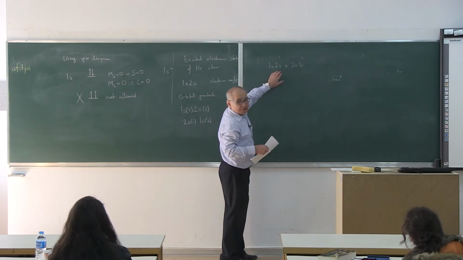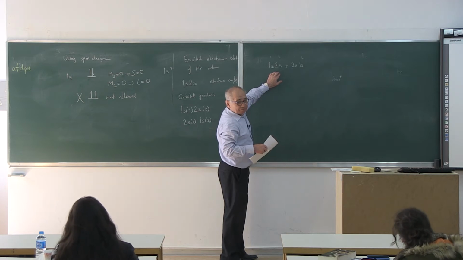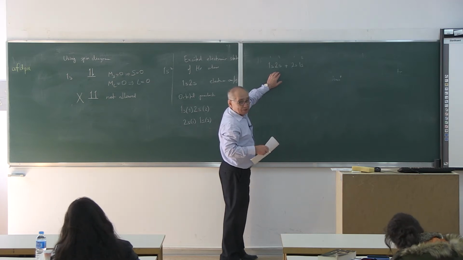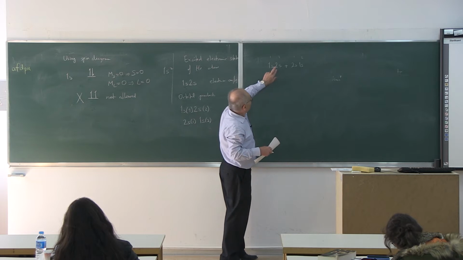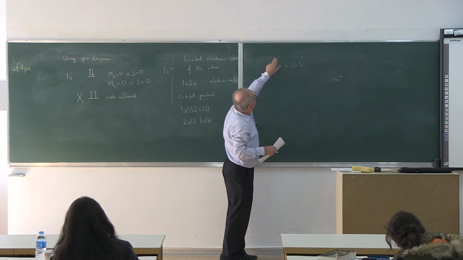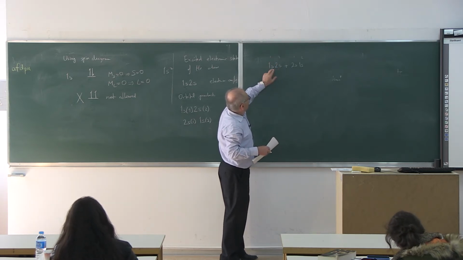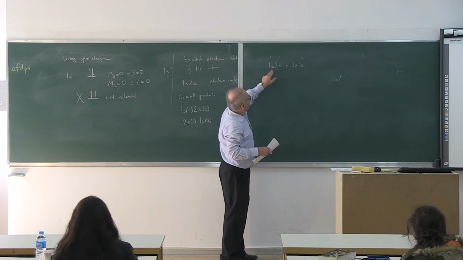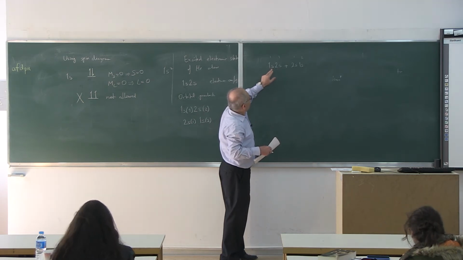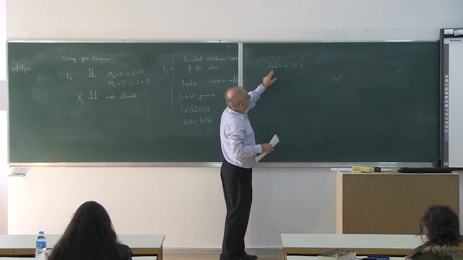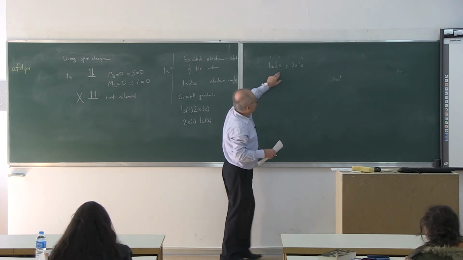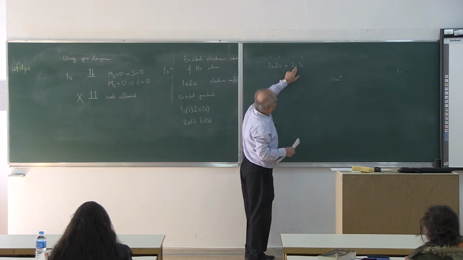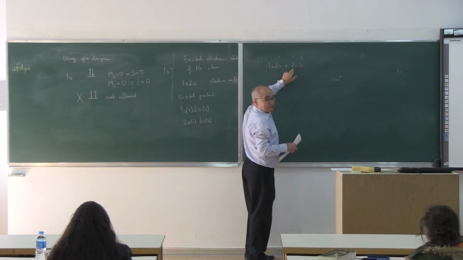This expression here is symmetric with respect to electron exchange. If you exchange 1 with 2, it is equivalent to exchanging the orbitals in the product. Exchange 1s with 2s: 2s comes here, 1s goes to the other part, and also here, 2s goes to the other part, 1s becomes the first factor here.